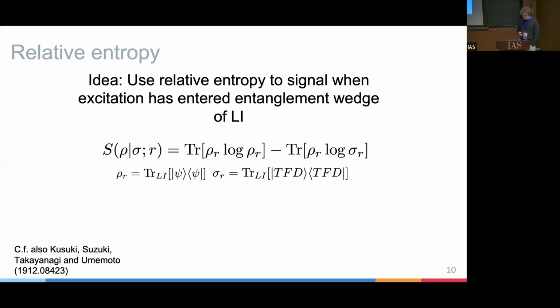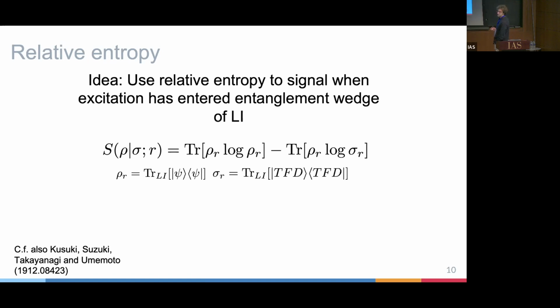All right. So how am I going to do this? What boundary quantity am I going to compute that senses the position of the entanglement wedge? So the quantity that I'm going to talk about today is the so-called relative entropy. Relative entropy is a measure of distinguishability of two quantum states. It has this formula in terms of density matrices.